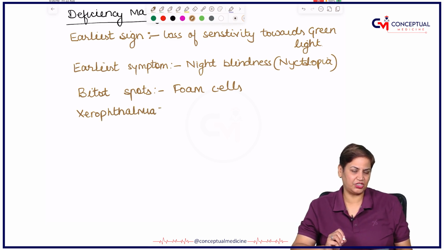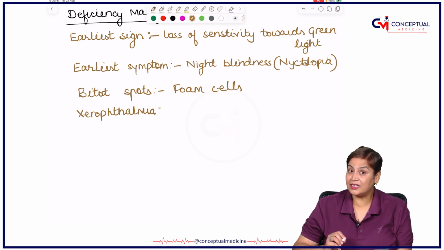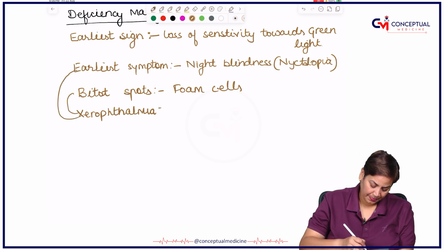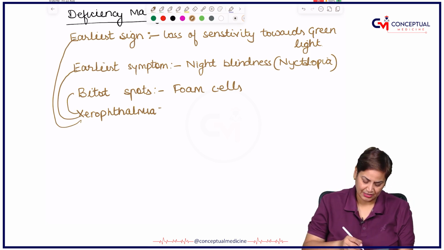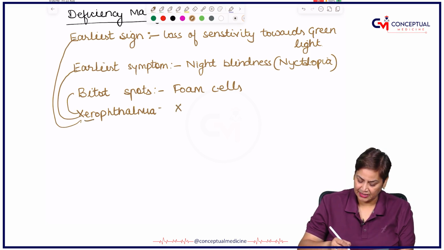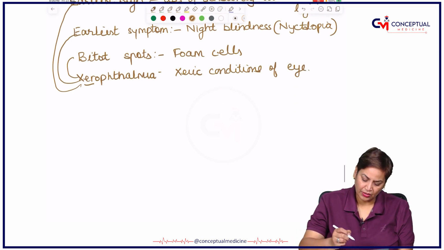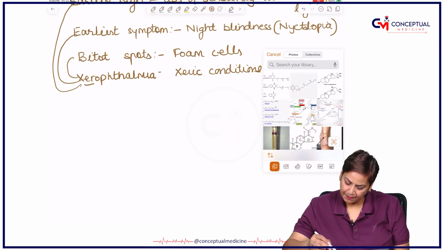Corneal vascularization is there, corneal dryness is there, corneal keratomalacia is there, so many things are there. So overall this leads to xerophthalmia. Xero means xeric conditions of the eye. Right, I'll just show you the formation of Bitot spots here.